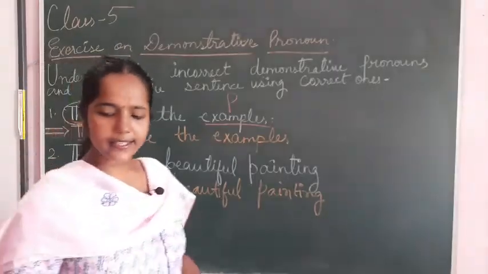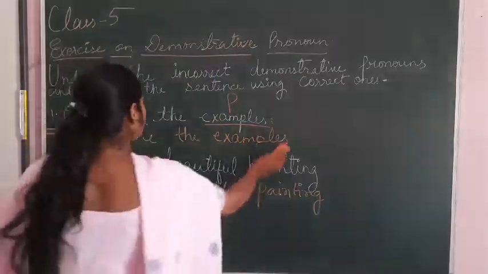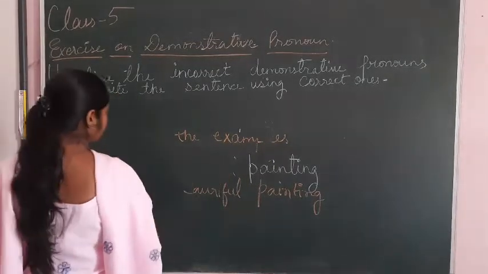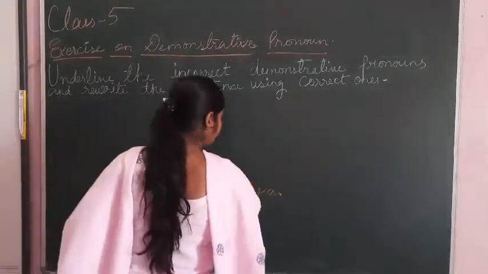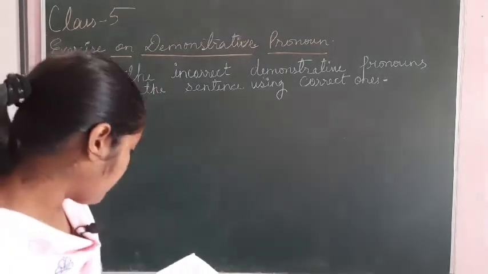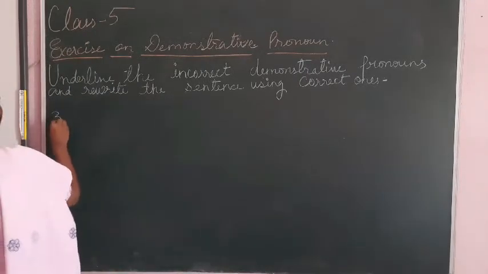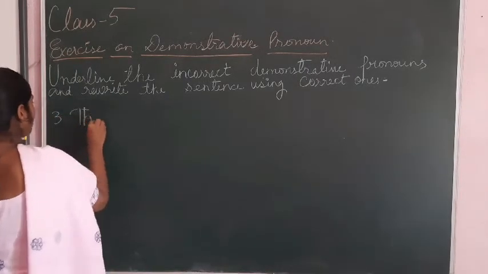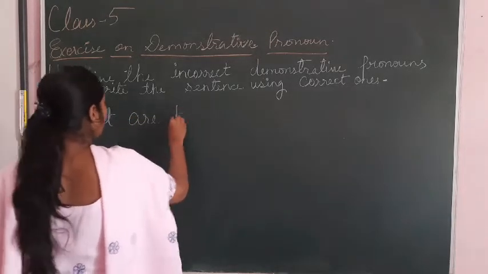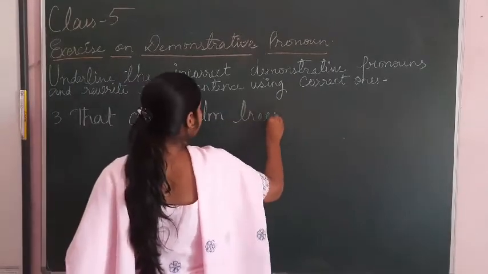Now there are 4 questions left. I am solving 2 more because it will be easy for you. The third question is: that are palm trees.